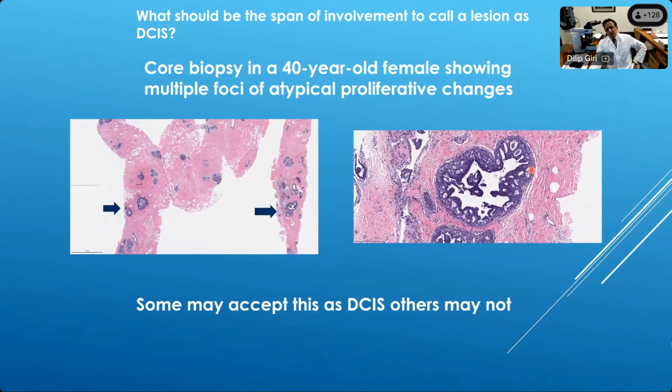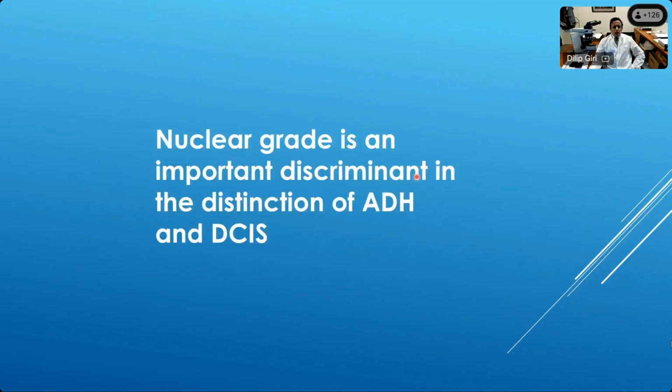What I was saying was that it doesn't matter that much in core biopsies, because once you call something atypical, the patient will undergo excision, and then the final assessment will be based on the excision specimen, where you will be able to better see the span of atypical ductal proliferation and measurements may be more reliable. Now, of course, the nuclear grade is an important discriminant in distinction.